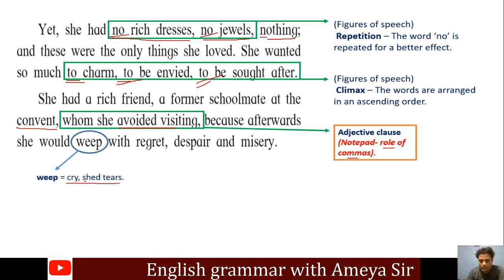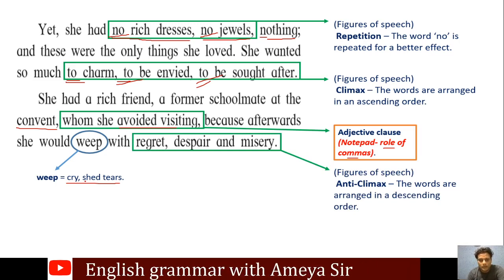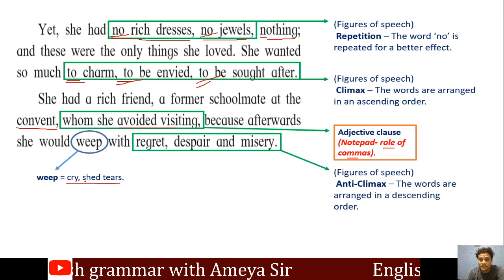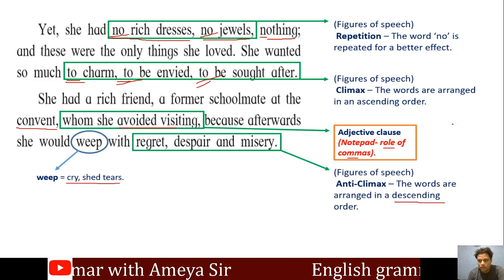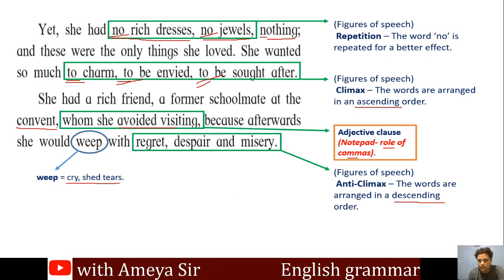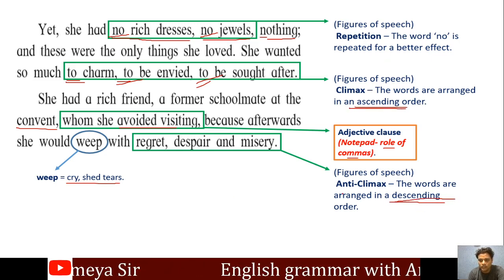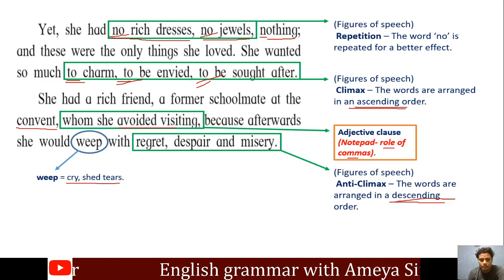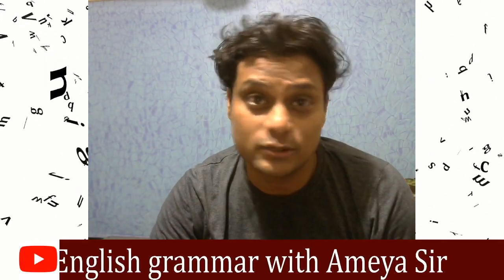Please remember that. Now this one: regret, despair, misery. This is anticlimax. The words are arranged in a descending order, guys. Ascending order was climax. Look at this one, guys. Ascending order is climax and descending order is anticlimax. And I promised you that I will share more examples with you so that after this lecture, you surely know whether it is climax or anticlimax.